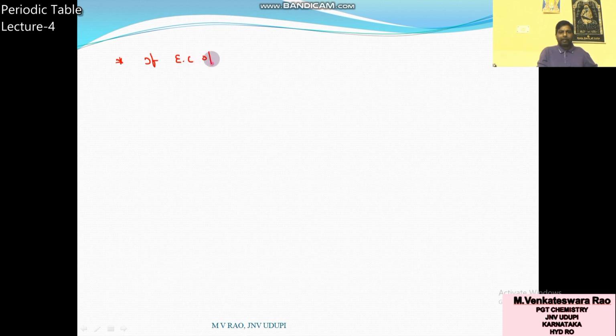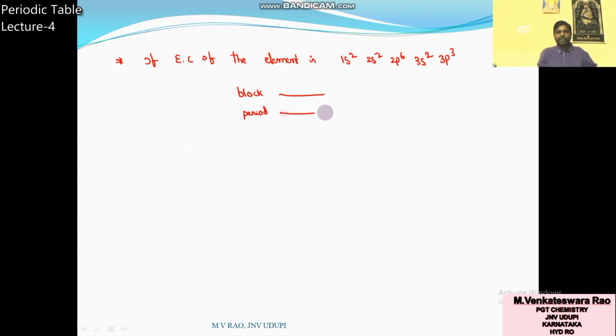If electronic configuration of the element is 1s2, 2s2, 2p6, 3s2, 3p3, then this element belongs to which block? Period number is dash, group number is dash. You have to calculate all this.